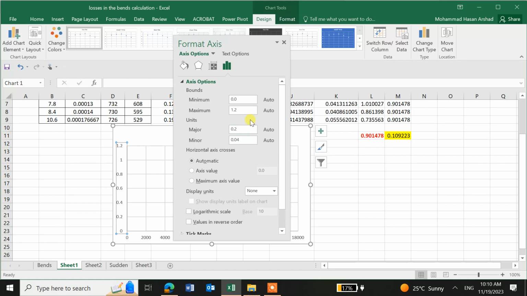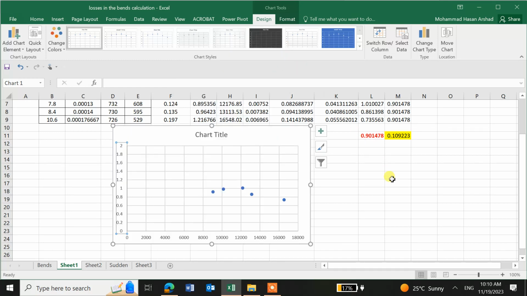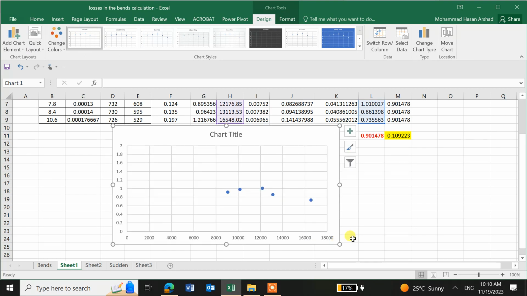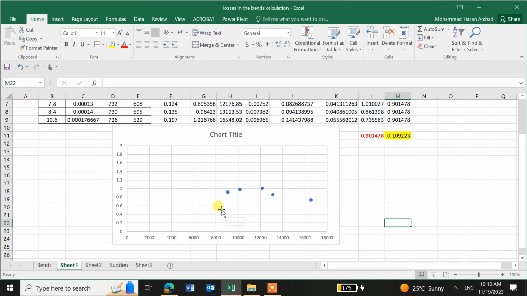So minimum maybe 0.5, maximum 2. Okay, so now we can see it's not deviating much.